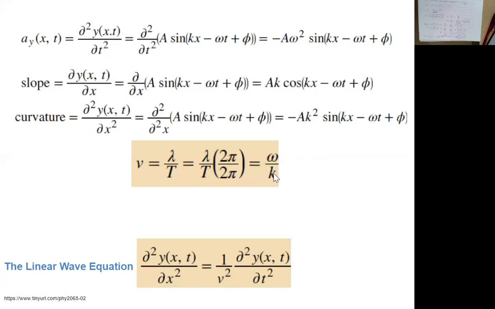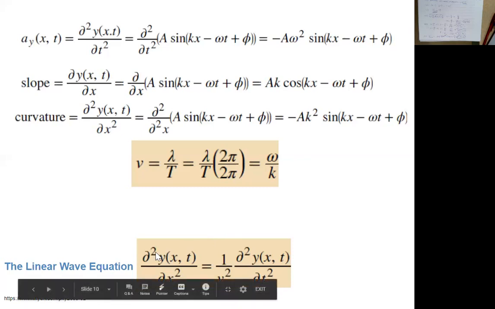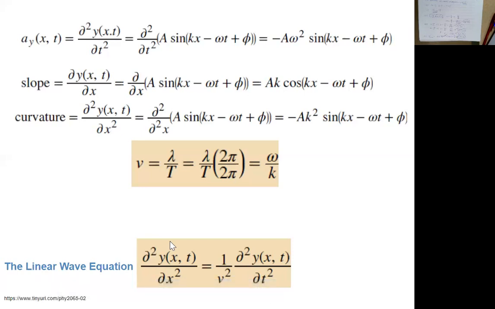So combining these three pieces of information together, you'll realize that the double derivative with respect to x is equal to 1 over v squared times the double derivative of the function with respect to t. This is called the wave equation, one of the fundamental equations for electromagnetic waves.